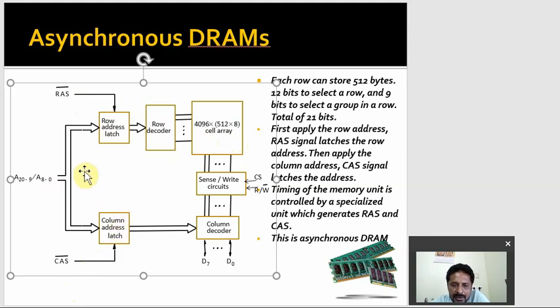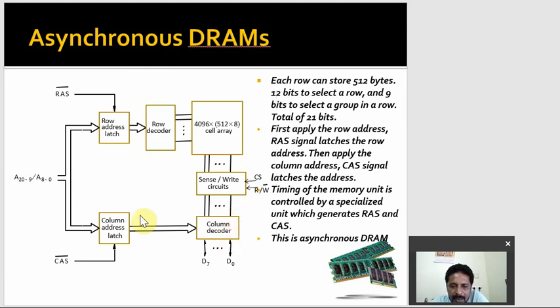The row address signal is the input to the row decoder and is stored here. The column address signal is applied to the column address latch and goes to the column decoder.